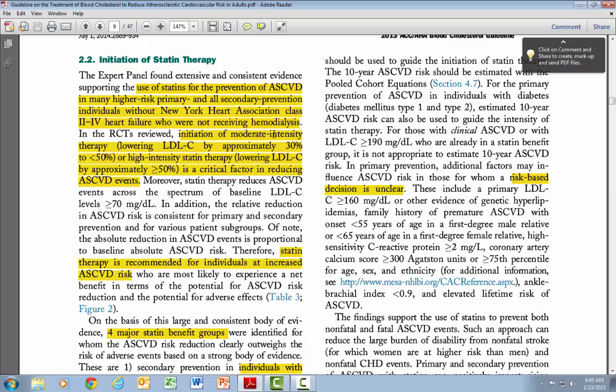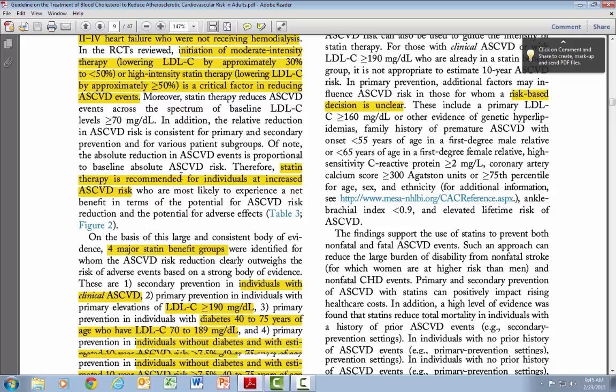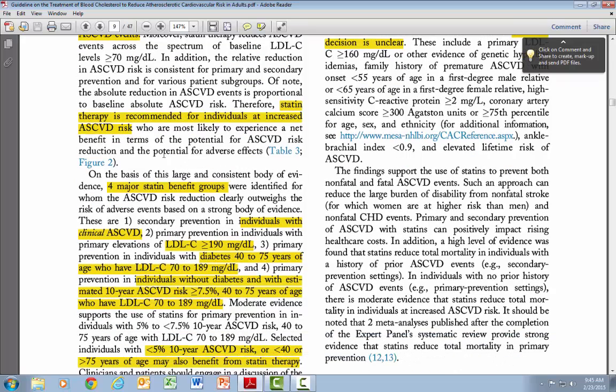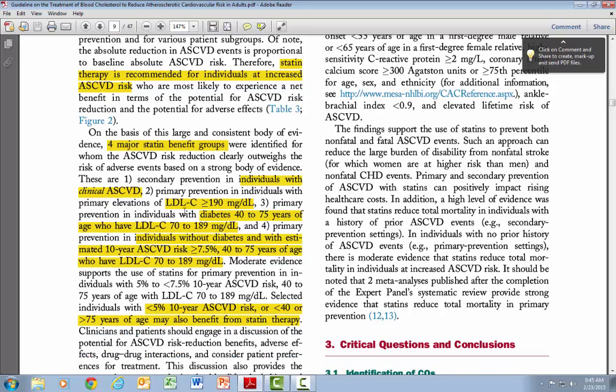Again, moderate intensity statins reduce the level of LDL by 30 to 50% and high intensity statins by more than 50%. Okay, remember that statins are your first line of therapy. These are the benefits that the statins will give you. Improve the clinical CAD or CAD equivalent, improve the levels of LDL.